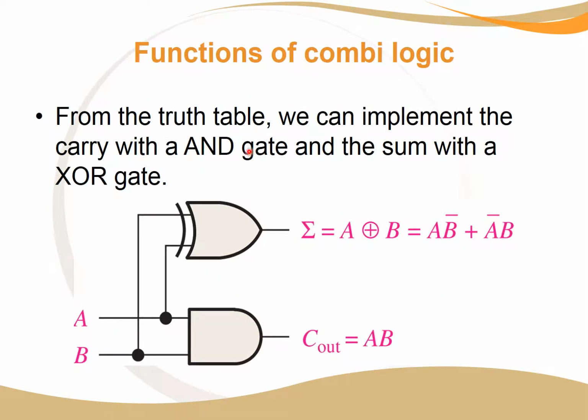From that truth table, we can generate this logic circuit. This is an AND gate for the carry out, and we have an exclusive OR gate for the sum. That makes our half adder circuit.